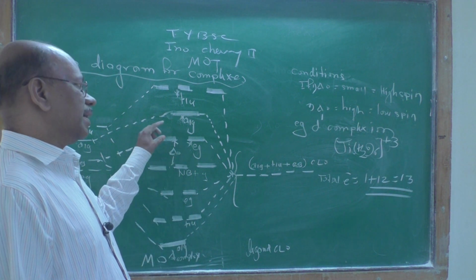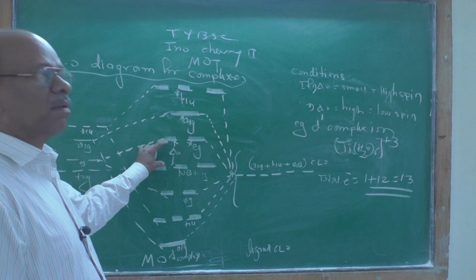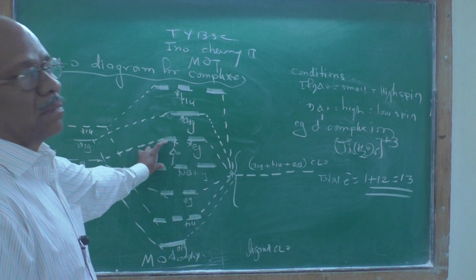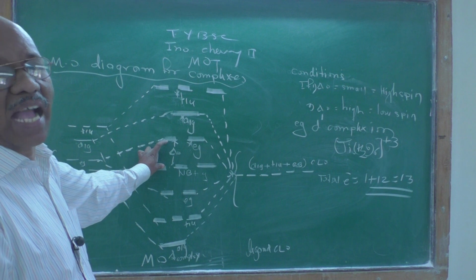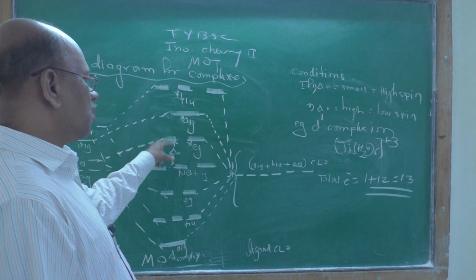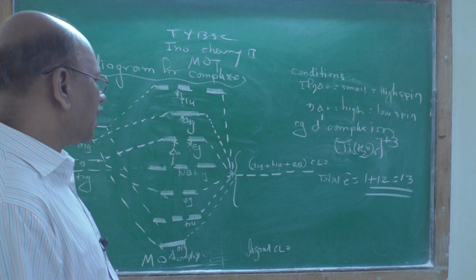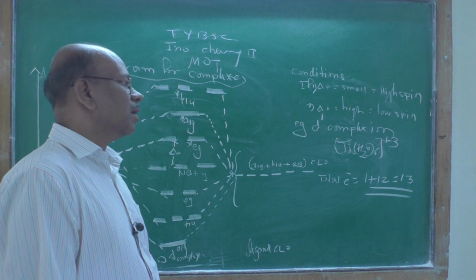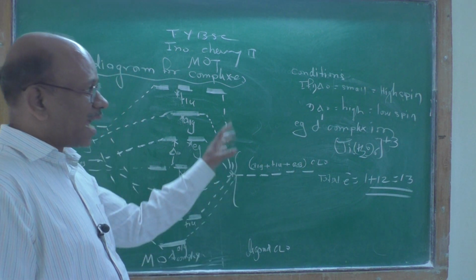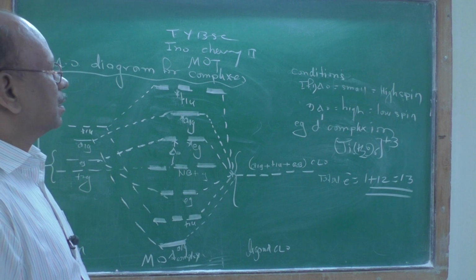So if delta O is small, then the complex is high spin. If delta O is large, the complex is considered low spin. This is the advantage of MOT.